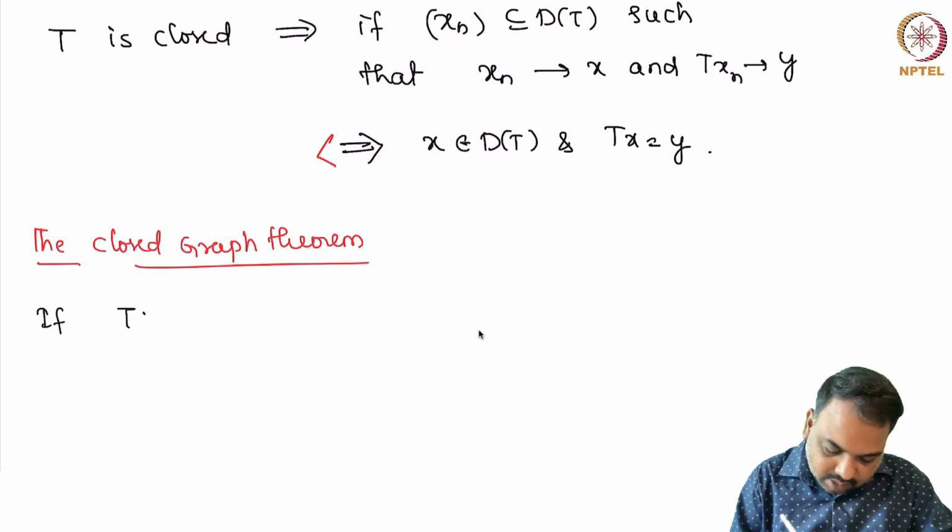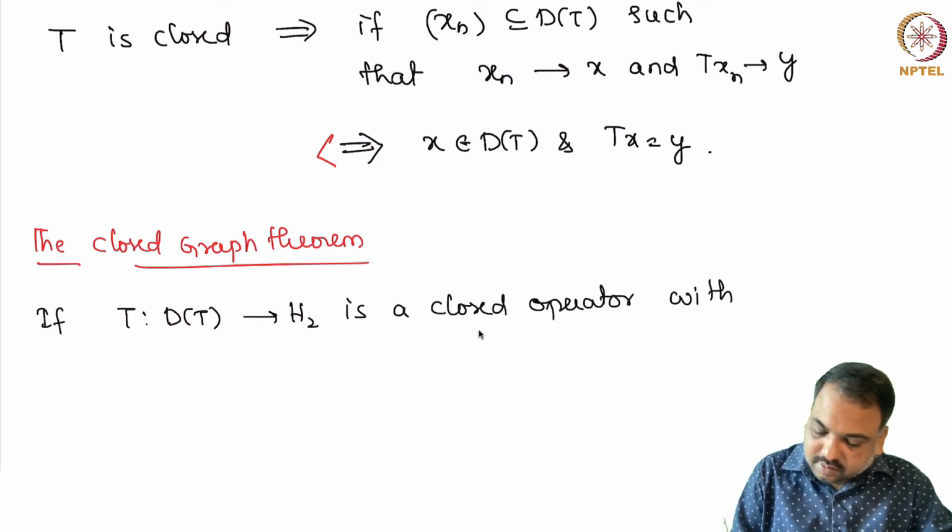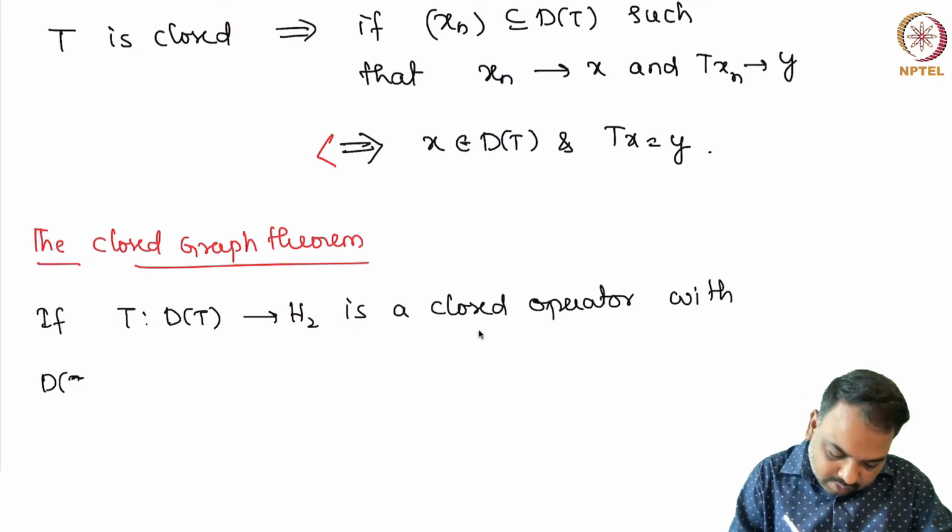If T from D(T) into H2 is a closed operator with domain of T equal to H1, then T must be bounded.